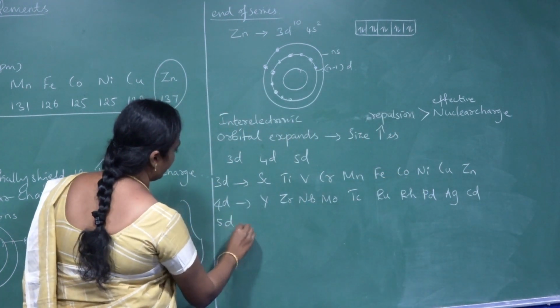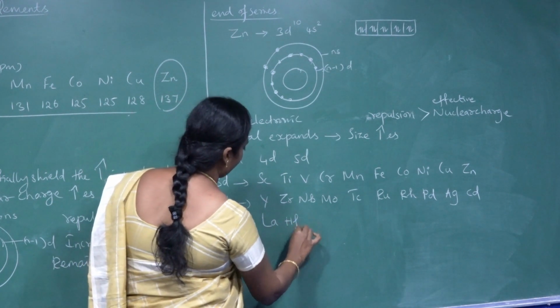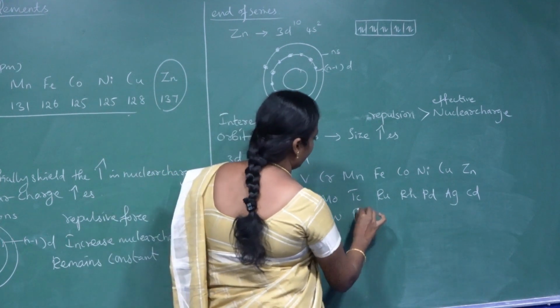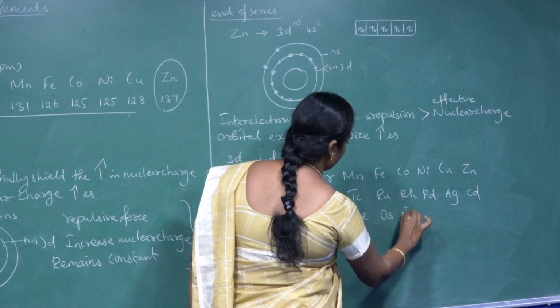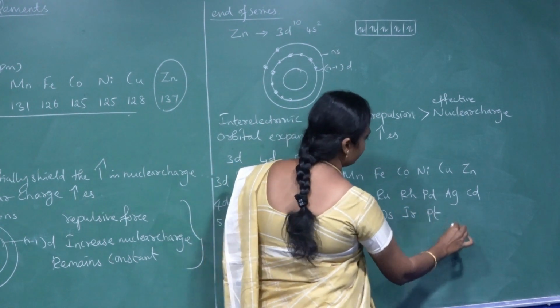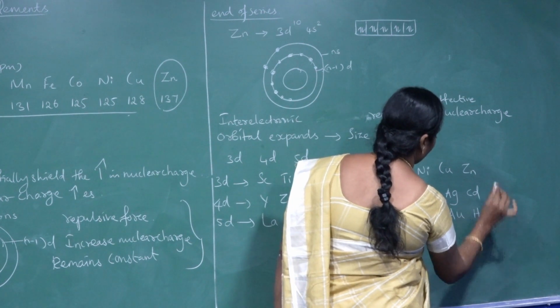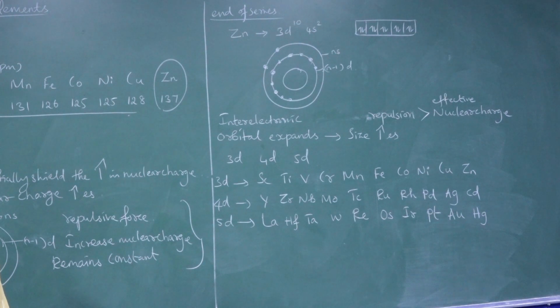And if you are taking the 5d series: lanthanum, hafnium, tantalum, tungsten and rhenium, osmium, iridium, platinum, gold and mercury. Now compare these 3d, 4d and 5d.